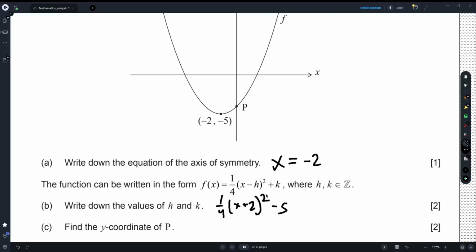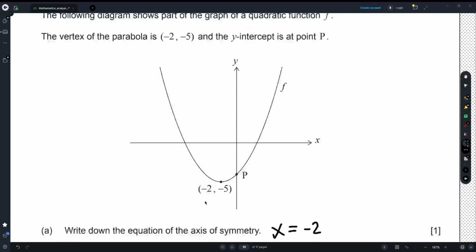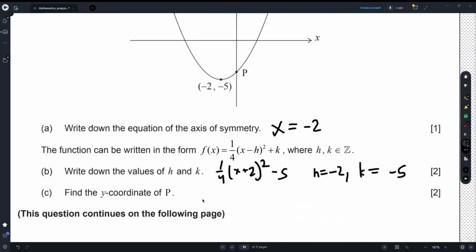So h is just going to be minus 2, and k will just be minus 5. And for the y coordinate of P, we can solve 1/4 times x plus 2 squared minus 5. And then we sub in 0.